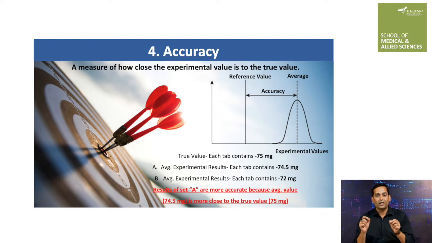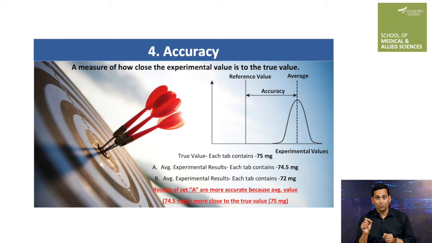Now, if analyst A finds the average value of API content in each tablet as 74.5 mg, while analyst B finds average content in each tablet 72 mg, now we have to find out which value, 74.5 mg or 72 mg, is closer to the true value or reference value, which is 75 mg of course.